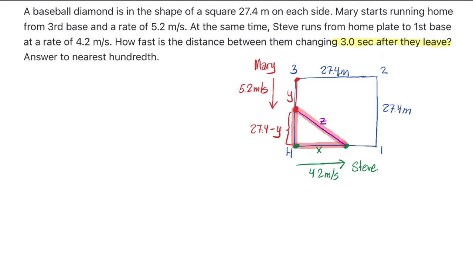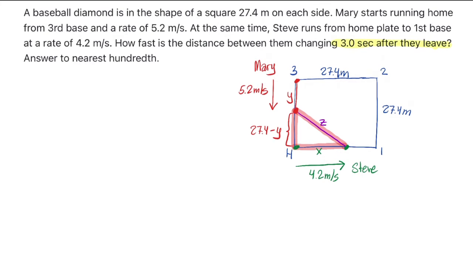We're looking to determine the rate at which Z is decreasing or changing, actually. We don't actually know if it's decreasing just yet. Let's identify the rates that we have. So we have the rate at which Mary is running. That's going to be dy/dt, and that rate is 5.2 meters per second.